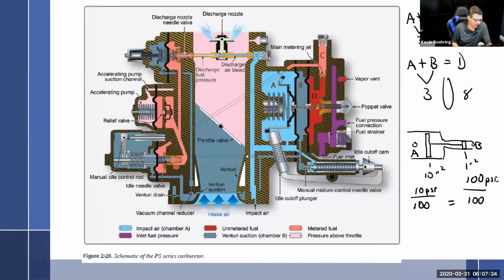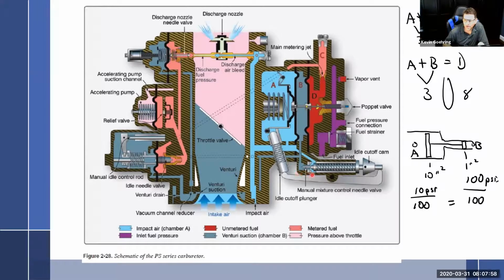So discussing some of these little nuances, we come back over to here, and we can see that we have a manual mixture control needle valve idle cutoff arm. And this right here, it's kind of cool. I don't like the way the drawing works. It sometimes sort of hurts your head. But what happens here is, this is the manual mixture control.